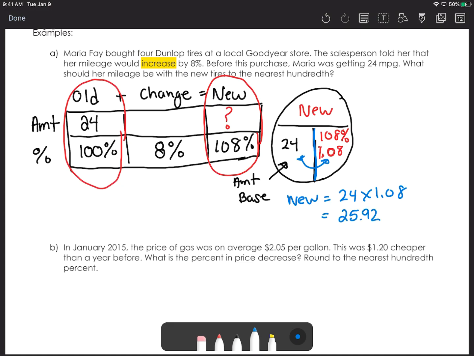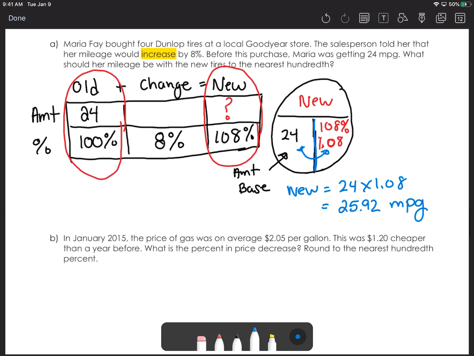And we don't want to forget our units. This represents her new miles per gallon. So before she got her new tires, she had 24 miles per gallon. And now with her new tires, she's getting 25.92 miles per gallon, which represents an 8% increase.